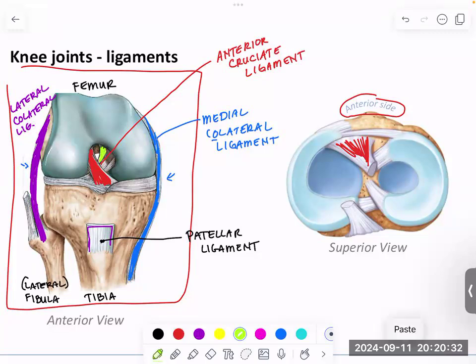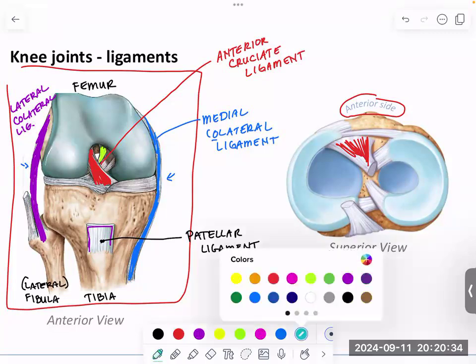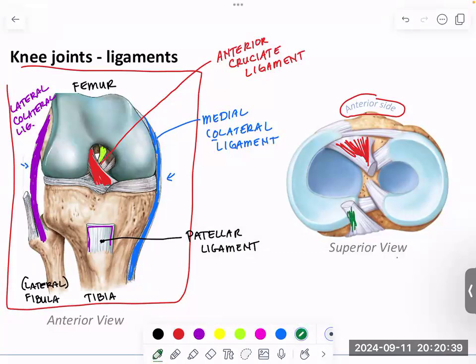That one attaches to the posterior side of the tibia. Those two in the light and dark green are your posterior cruciate ligament. Now we know what ACL, PCL, MCL, LCL means, how they're named, where they're located.